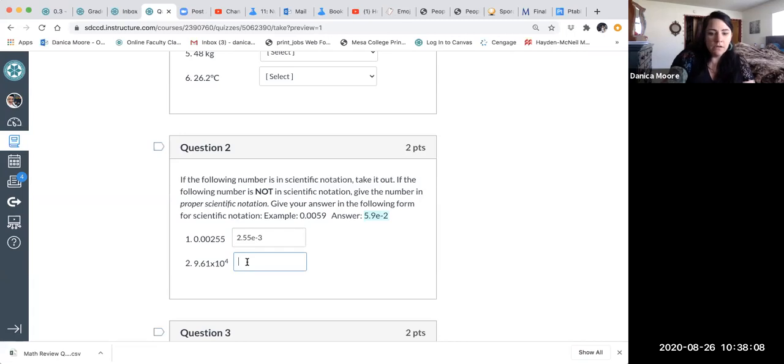When we take this out of scientific notation, it would be 96100, right? A couple of weird things I saw where people didn't take the decimal out. So if you don't take the decimal out, then it's 9.6100, right? It's not 96,100.